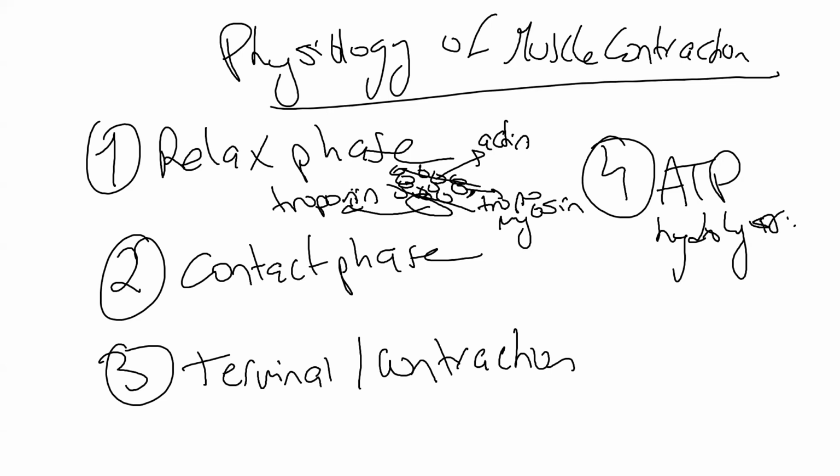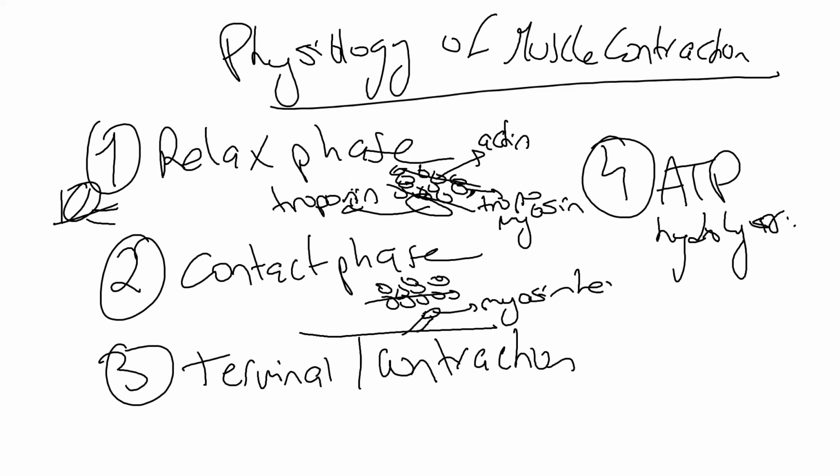Okay. In the contact phase, the myosin will look like this, as we said. And here is the M line, and here is the myosin, as we drew it. This is the myosin, and this is the myosin head. The myosin head tries to be in contact with the troponin.